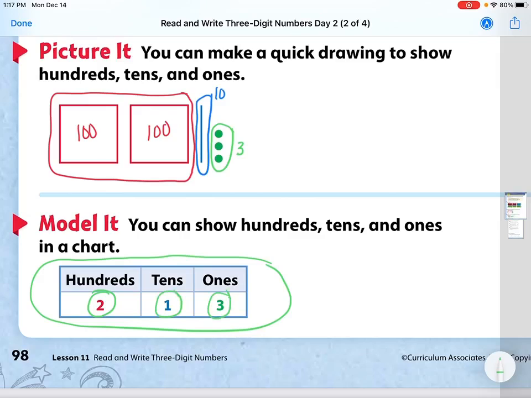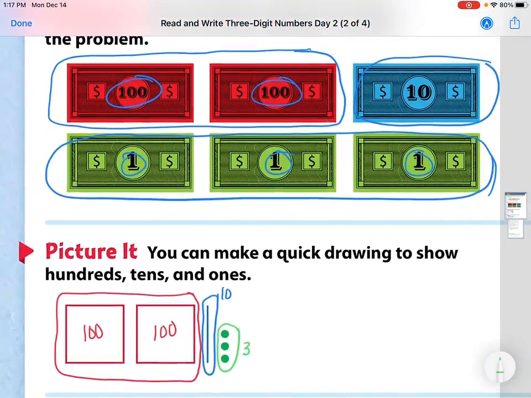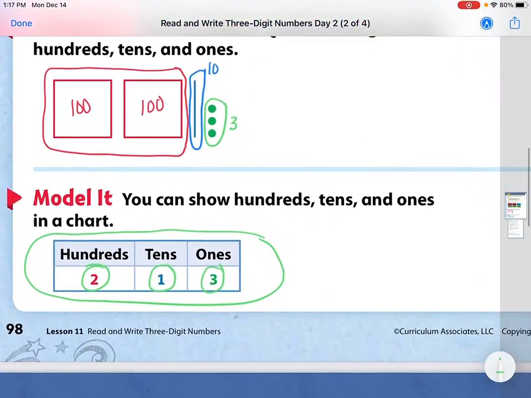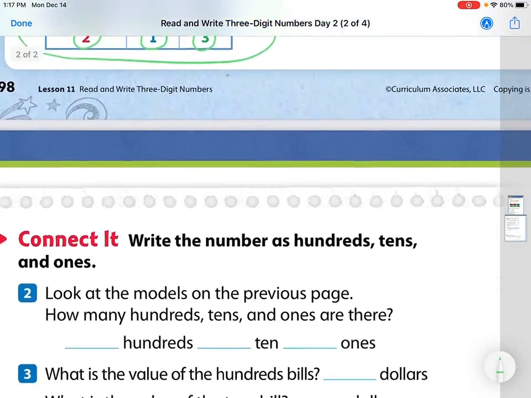Okay, so that's just a way to help us solve the problem. Either draw a picture of the dollar bills, or draw a picture of the hundreds, tens, and ones models, like these 2 things are showing, or put it in a place value chart. Okay, so let's take a look at the next page.